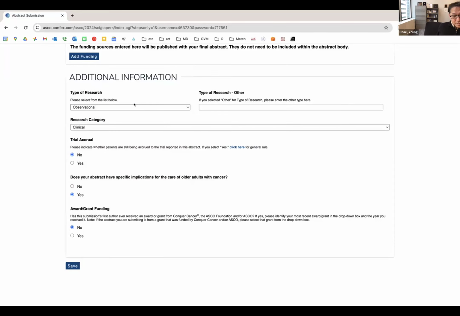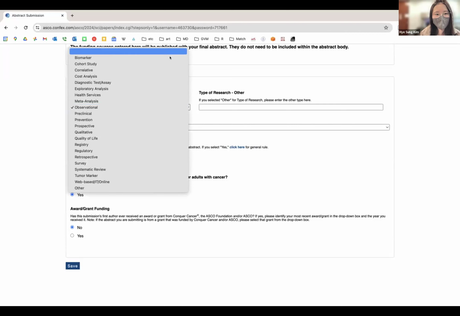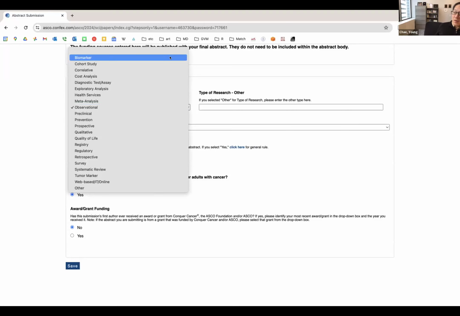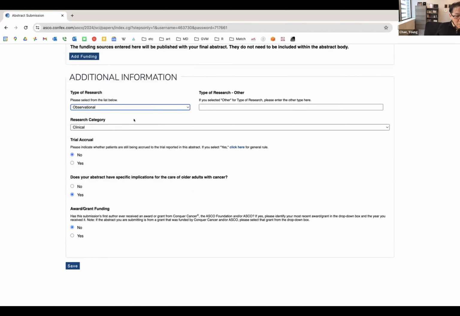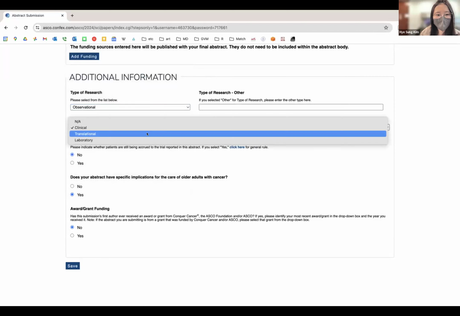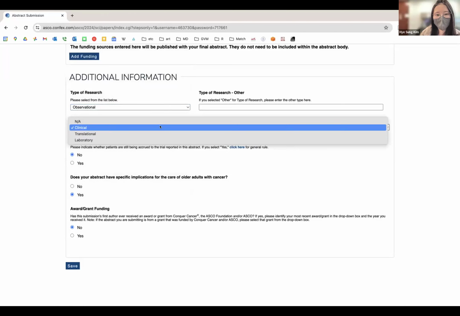And then for mucinous, I thought biomarker could be interesting, otherwise observational. Yeah, biomarker. Sounds good. For mucinous, I'm going to put translational, but for rejection, I'm going to put clinical.